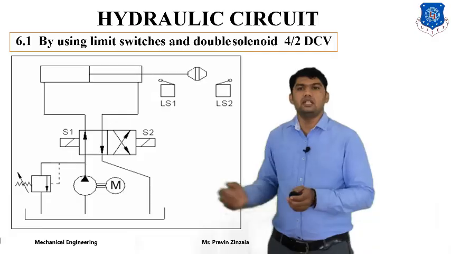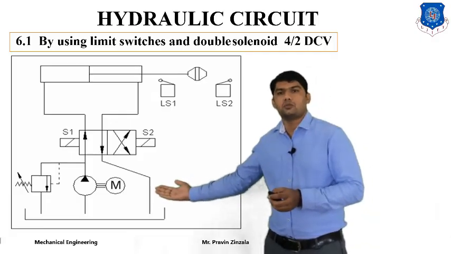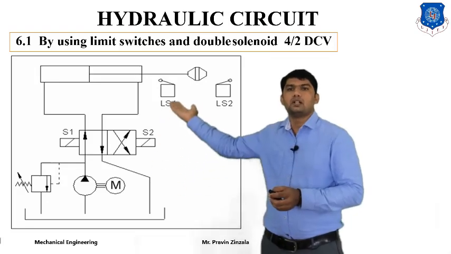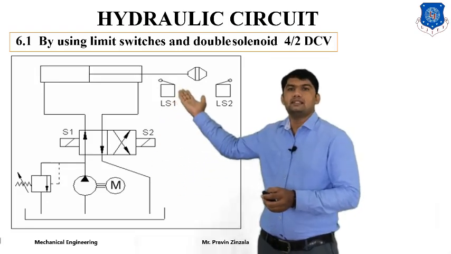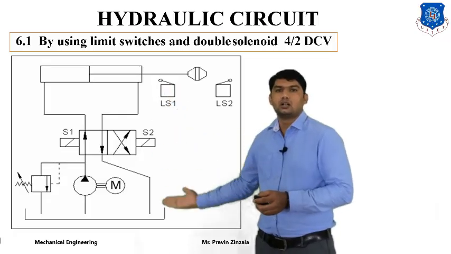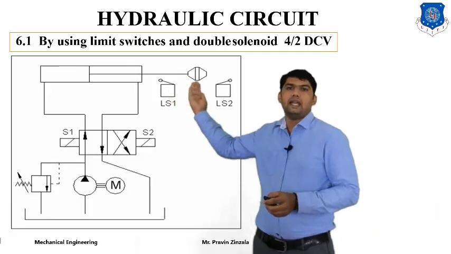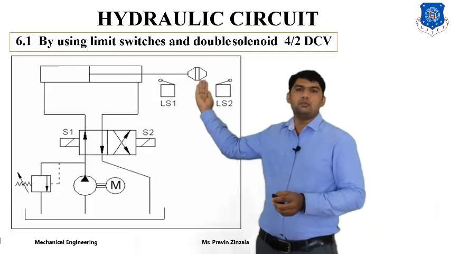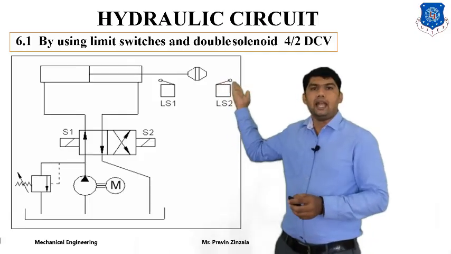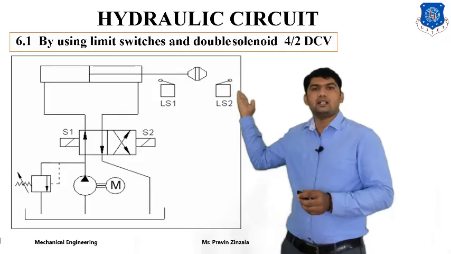What happens whenever we start our hydraulic pump? The fluid will pass in the first position from the pump to the first side of the cylinder, and at the same time, the right hand side fluid goes from the cylinder to the reservoir or tank. When the piston extends, the spool touches limiting switch 2 at the end of its extension.